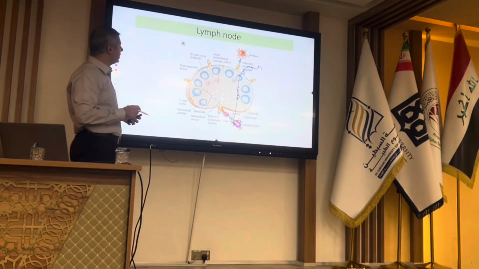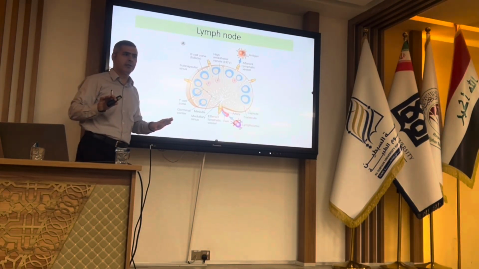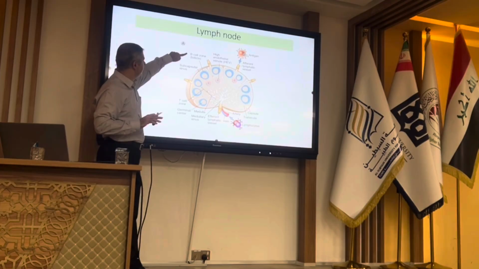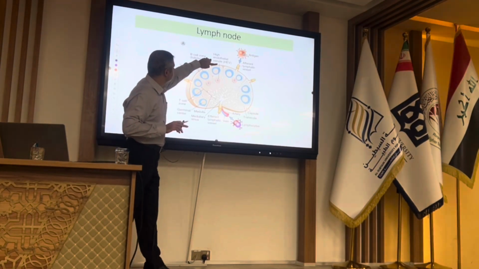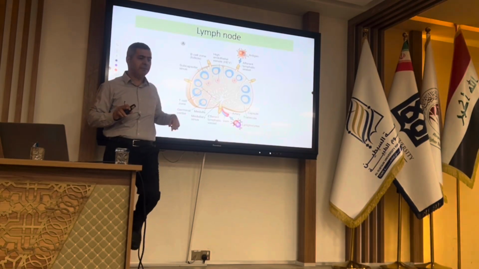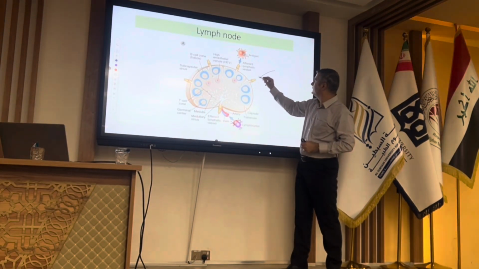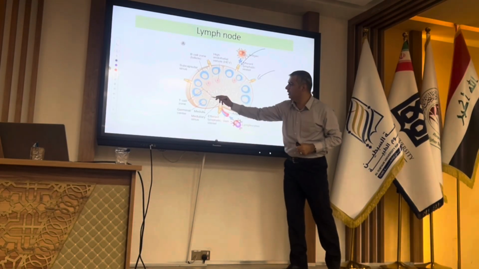So inside the lymph node, again, I'm not going into the details as much as possible. You can see here some lymphatic vessels that are called afferent lymphatic vessels. They bring the lymphatic fluid from the tissue toward the lymph node.